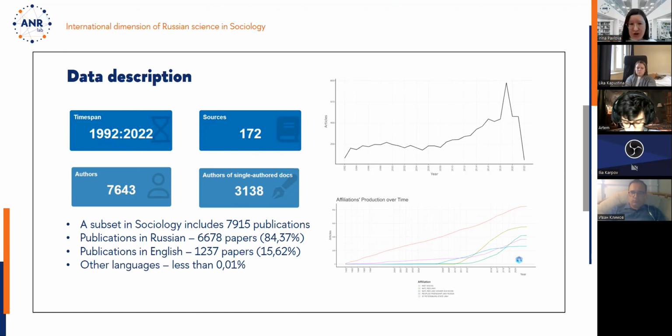But what is interesting here is that for this sociological data set, 85% of all publications published and indexed in Web of Science are in Russian, and only 15% of those publications are in English. So if this is the question of visibility of Russian science, here we see some numbers that help us to think further, right, to come up to some conclusions.